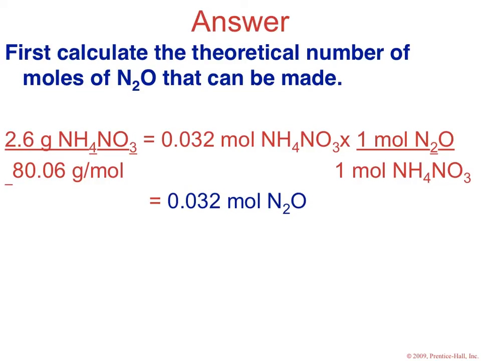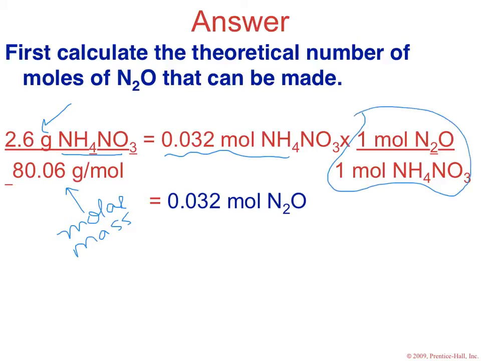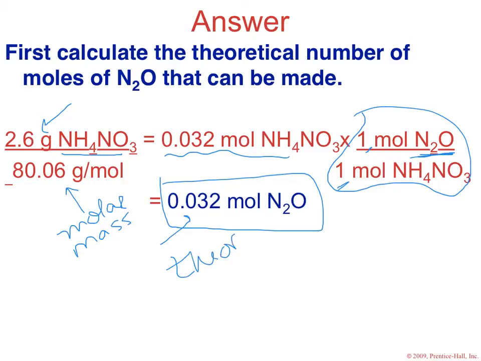All right, so the given amount of ammonium nitrate that you started with, 2.6 grams, divide by the molar mass of ammonium nitrate in order to get the moles of ammonium nitrate started with. Then look at the mole ratio of ammonium nitrate to the product you're interested in, dinitrogen monoxide. They are present, if you look at the balanced reaction, in a 1-to-1 mole ratio, and that tells you that this reaction can make, the theoretical yield, in other words, 0.032 moles of dinitrogen monoxide.